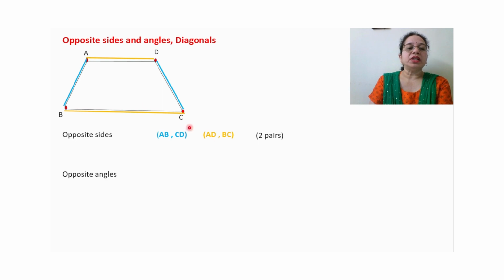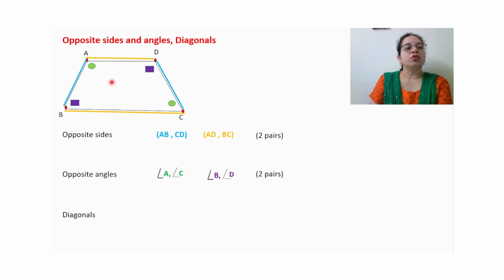Next one is opposite angles. If I talk about angle A, then angle A and angle C are called opposite angles. If I talk about B, then angle B and angle D are called opposite angles. And here also we are getting two pairs of opposite angles.